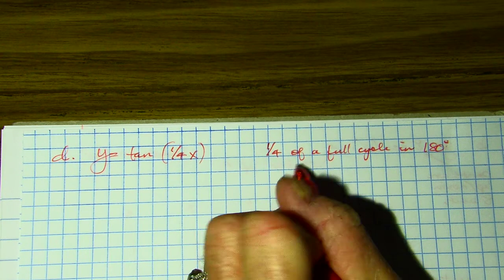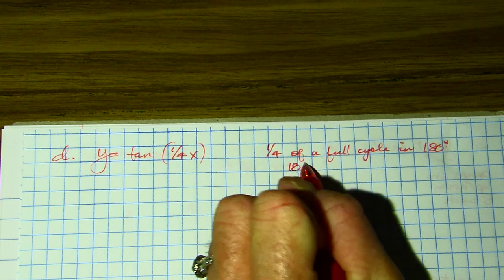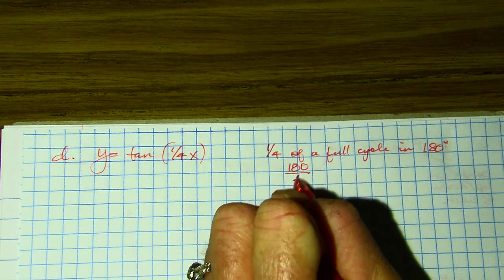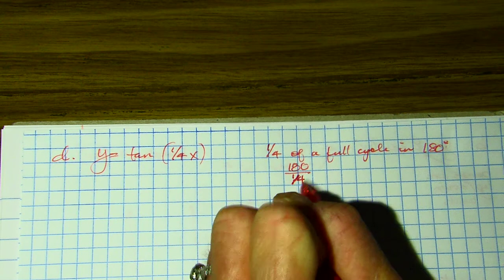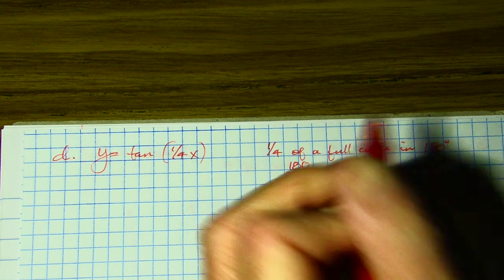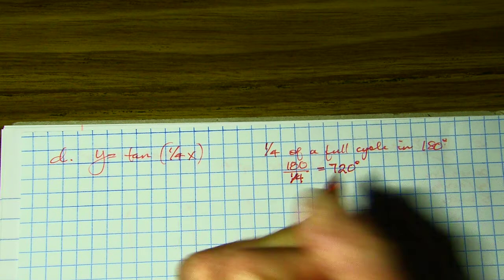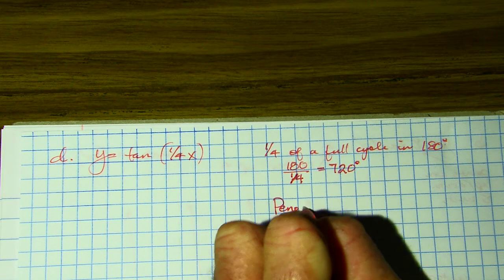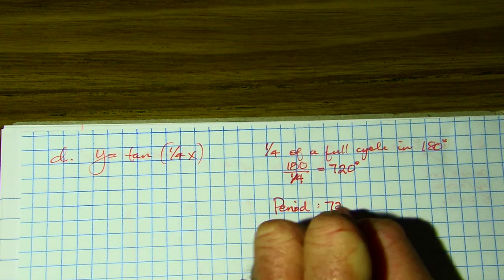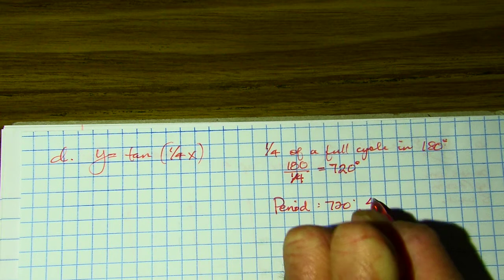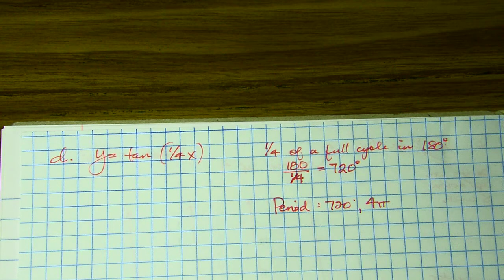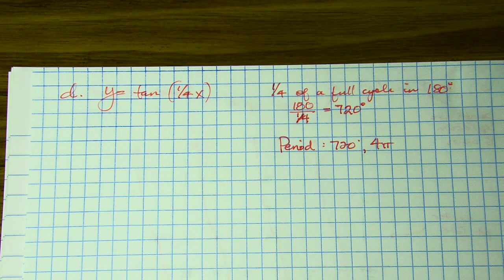So I would have to actually divide 180 by 1/4, and that gives me 720 degrees. So my period is 720 degrees, or that would be 4 pi. Because each pi is 180, so there's 4 of them, so 4 pi.